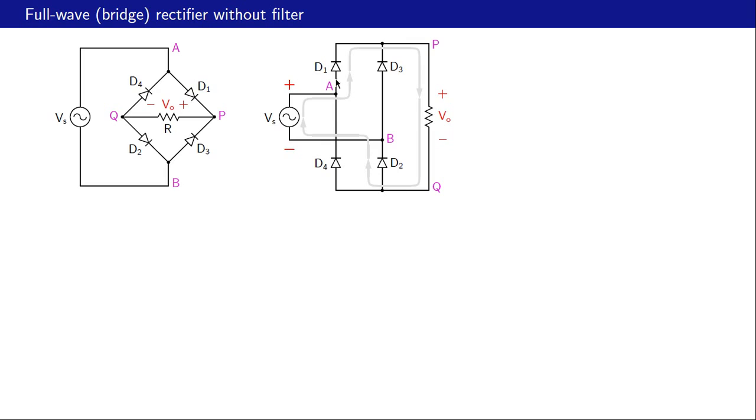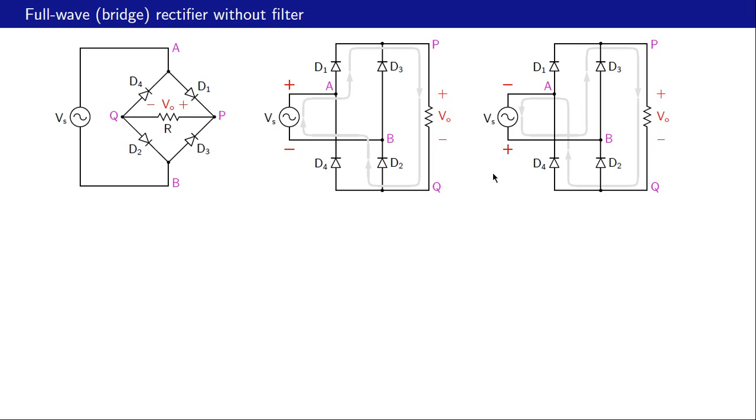Now if there is no voltage drop across D1, so let's say V on is 0 for D1 and also for D2, then node P is at the same potential as node A, and node Q is at the same potential as node B. So in other words, the output voltage Vo is then equal to the input voltage Vs. In reality, of course, there would be some voltage drops across D1 and D2, V on equal to say 0.7, and then the output voltage would differ slightly from the input voltage.